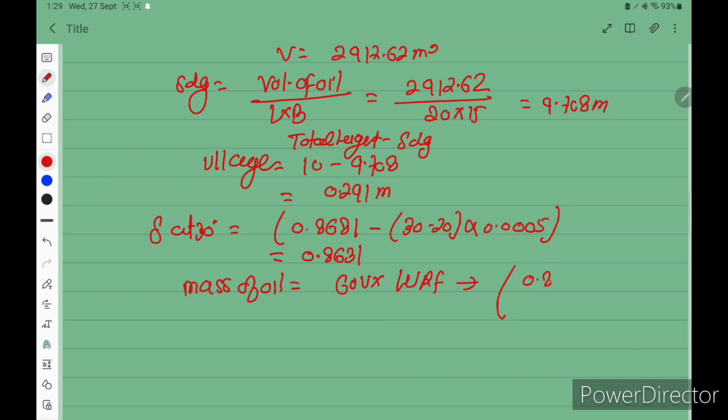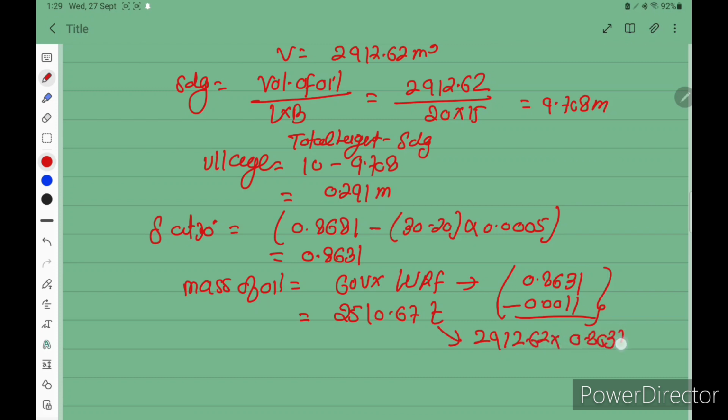It is 0.8631 minus 0.0011. So we get mass 2510.67 tons. How do we get this? 2912.62 into 0.8631 minus 0.0011. So this is the mass of oil. Part B solved.